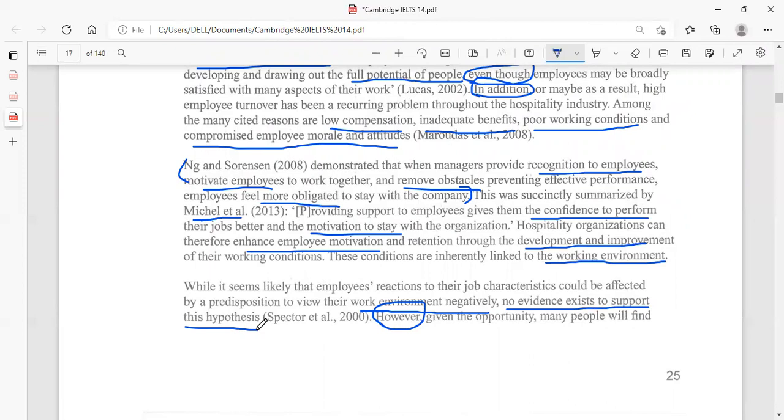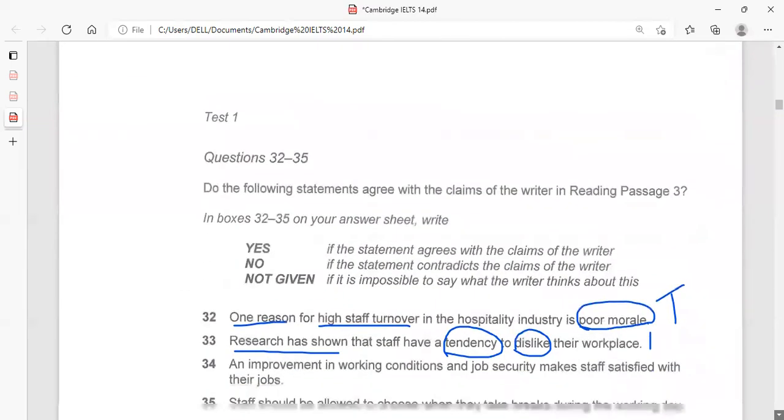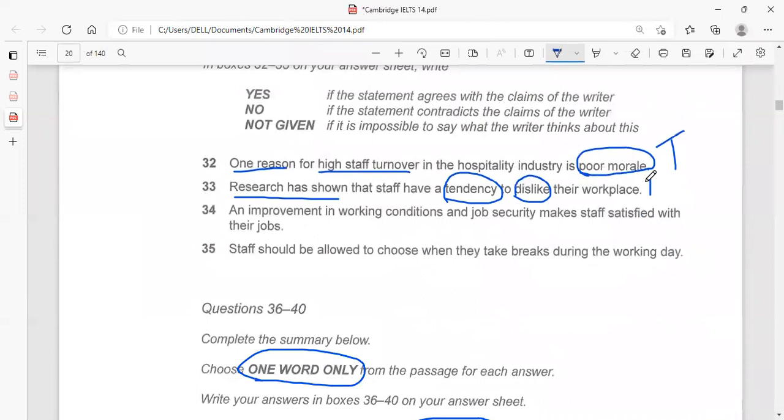What does this mean? This could be a common belief, but there's no evidence, which means there's no study or concrete evidence here. Okay, we'll see. All right, moving on to 34.